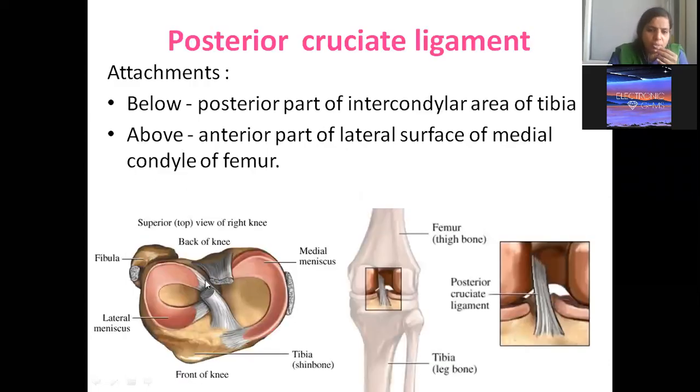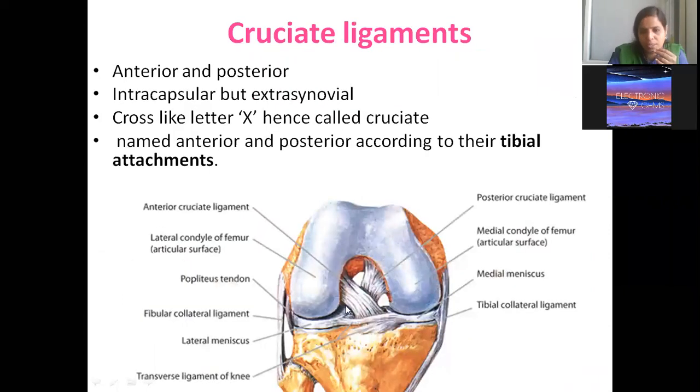Then coming to this one, the posterior cruciate ligament. That means it is coming from the posterior part of the intercondylar area of the tibia. Then you can see it is running again. This picture is in fact very good to understand. So it is running upwards, backwards, and medially, and it is getting attached to the lateral surface of the medial condyle of the femur.